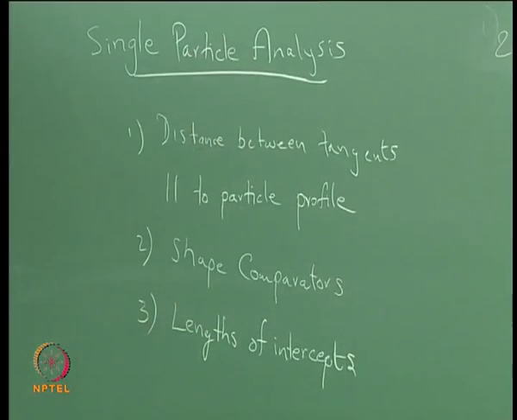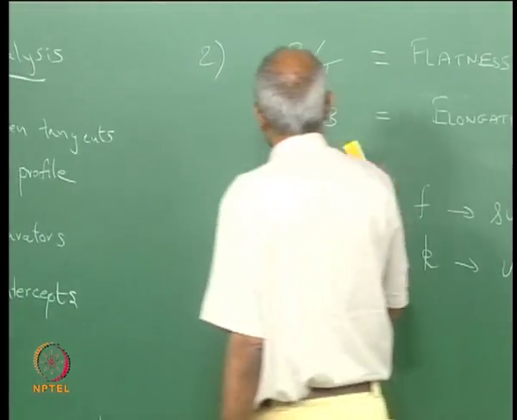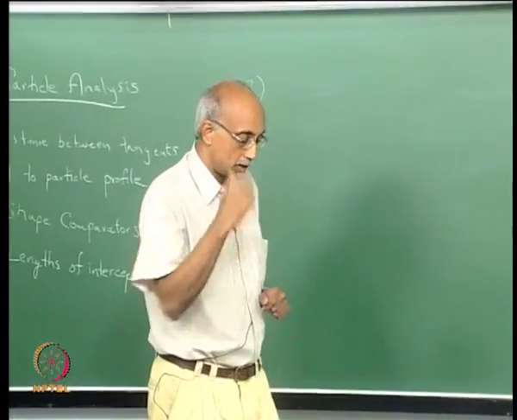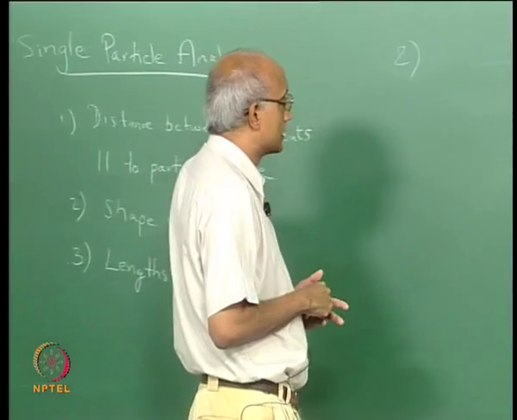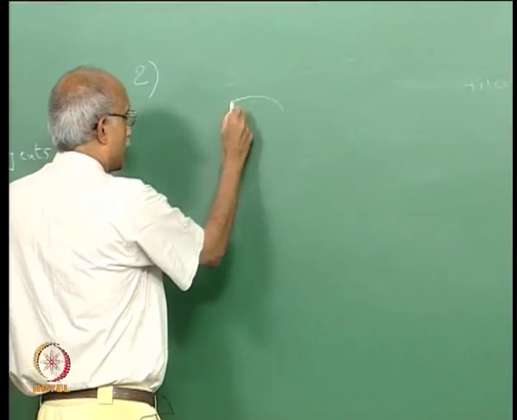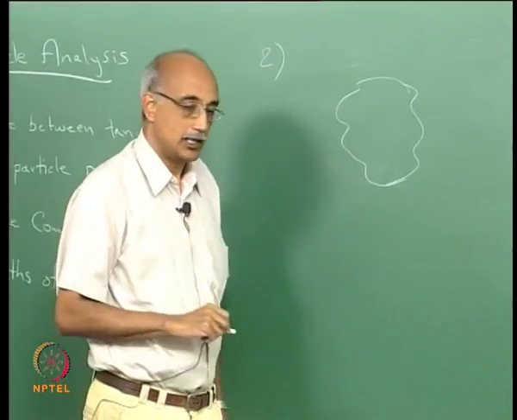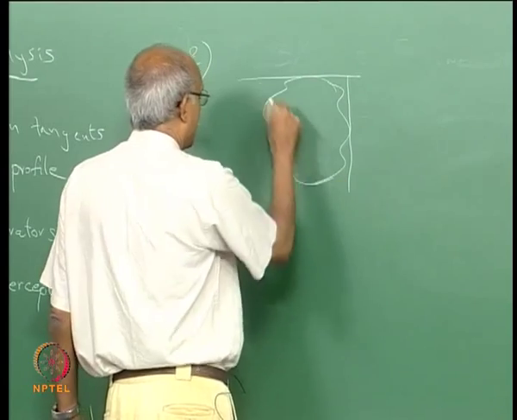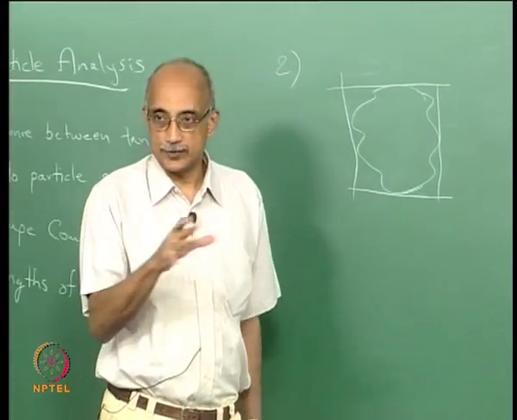So, let us look at a few more examples of how these shape comparators work. So, we go back to Hayward. He also defined certain shape values. The way he did it was, again, by taking the particle projection in 2 dimensions, he would then inscribe it in a rectangle which completely encapsulated the object.